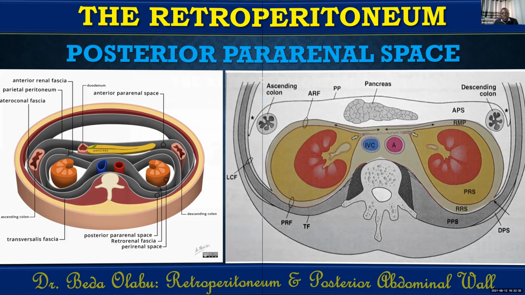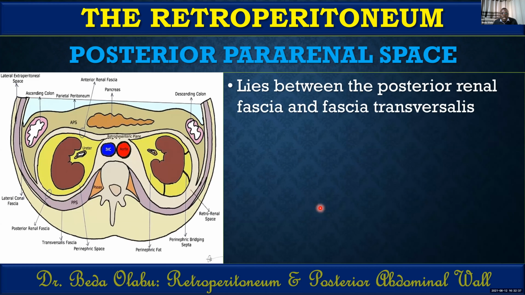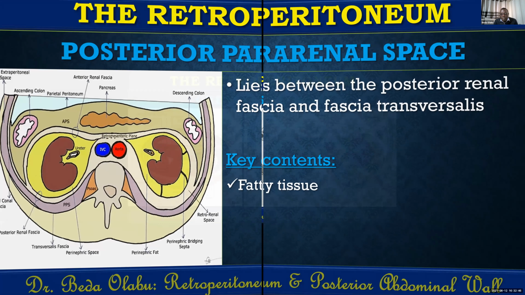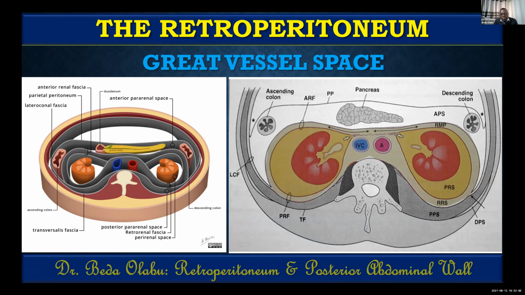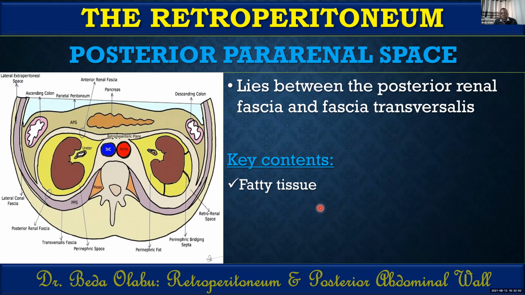So that space between the posterior renal fascia and fascia transversalis simply contains fatty tissue and nothing much. So largely fatty tissue. So that becomes a really, really potential space.